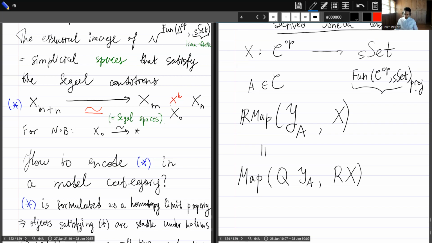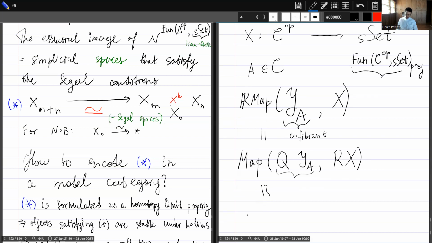Now, in the projective model structure, this representable presheaf is already cofibrant. This means the cofibrant replacement can be chosen to be the representable presheaf itself.